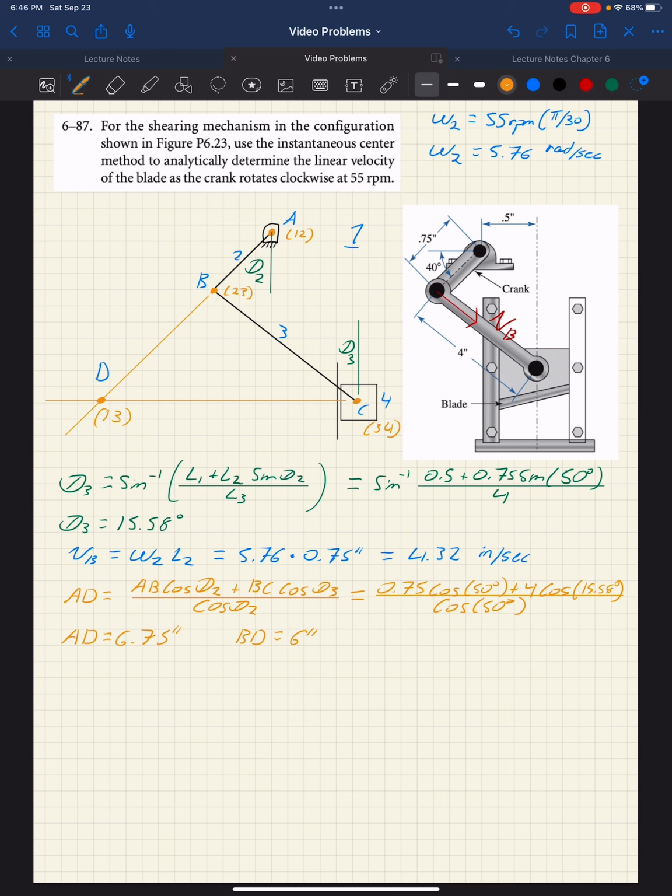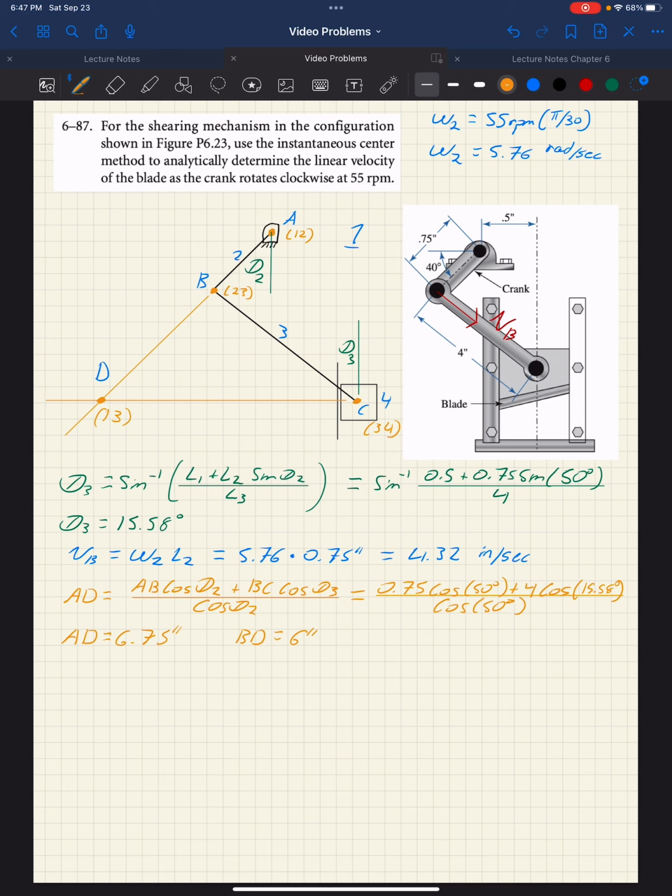Okay, so the next thing we're trying to look for, again, is the linear velocity of the shear, or the linear velocity of point C as it moves along that slide joint. So how are we going to go about doing that? Well, we have this instantaneous center 1-3, and we have a velocity at B. And since we have a velocity at B, we can find omega 3.